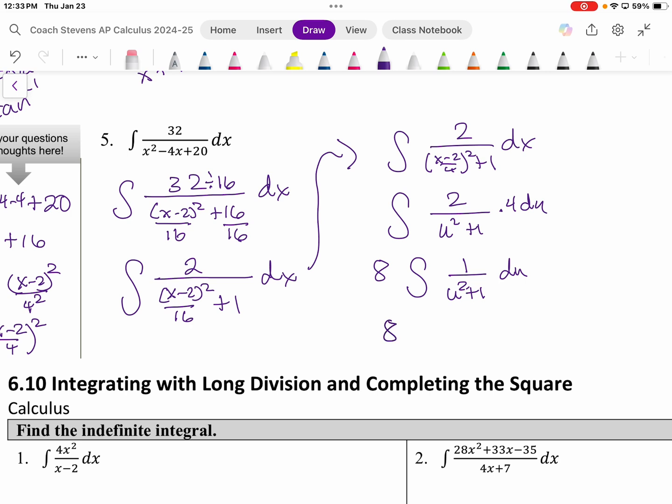Now, 8 times arctangent of u plus c. So it would be 8 times arctangent of, now my big crazy fraction, x minus 2 over 4, plus c. Isn't calculus fun?